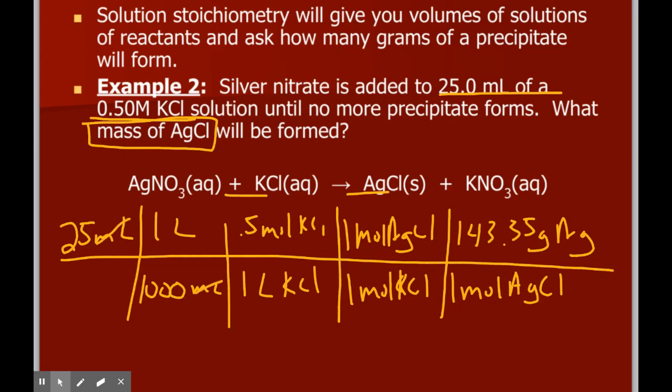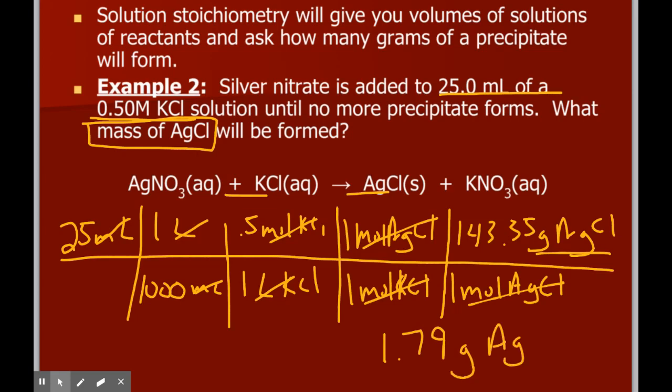Milliliters will cancel out, liters will cancel out, moles of KCl cancel out, then moles of silver chloride cancel out, and we're left with grams of silver chloride, which is what we want. So when you calculate this out, you should get 1.79 grams of silver chloride.